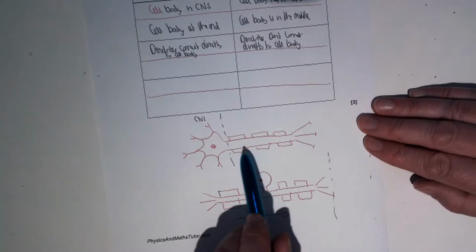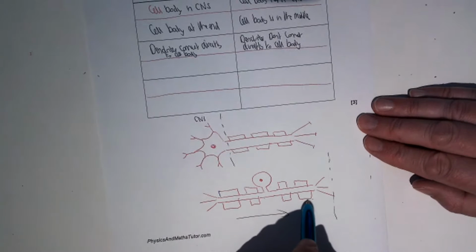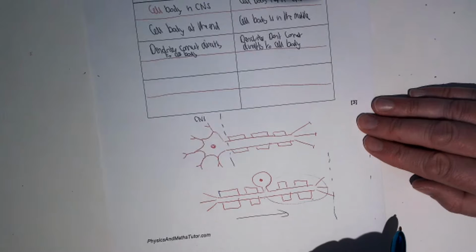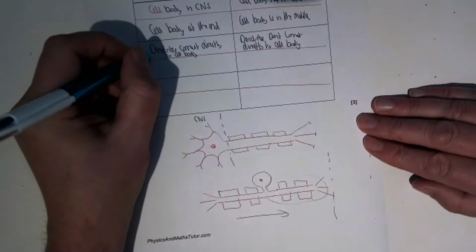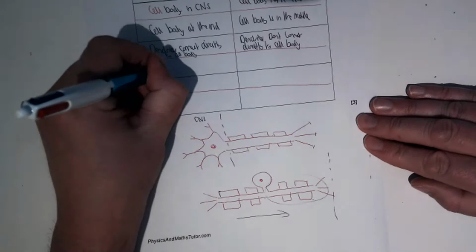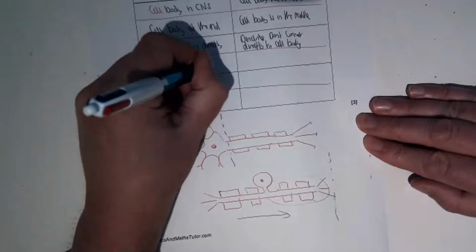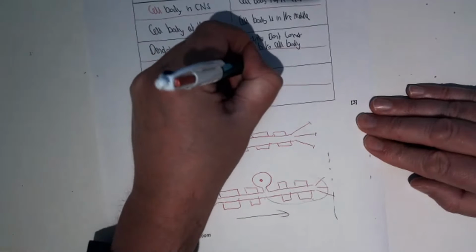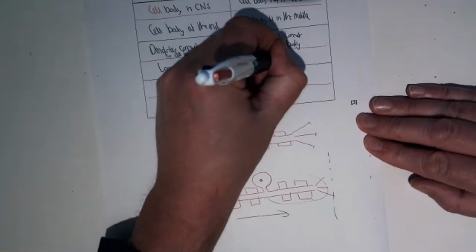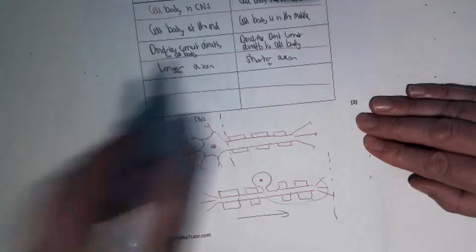If we look at the axon, the axon in a sensory neuron is a lot shorter than the axon in a motor neuron. So you can just say longer axon, longer. So this one's a shorter axon, comparative.